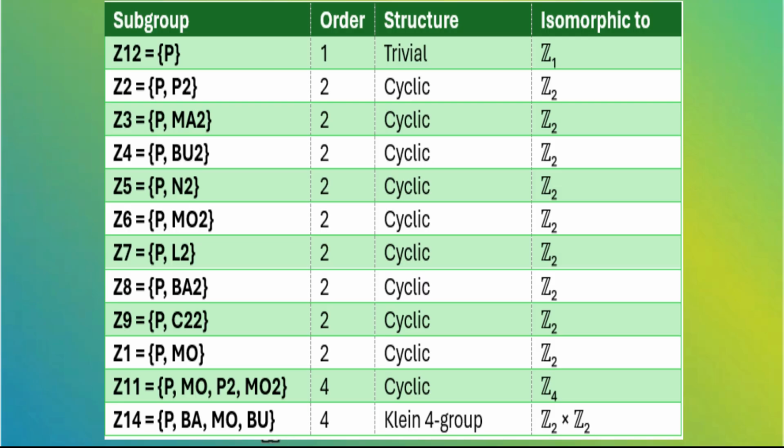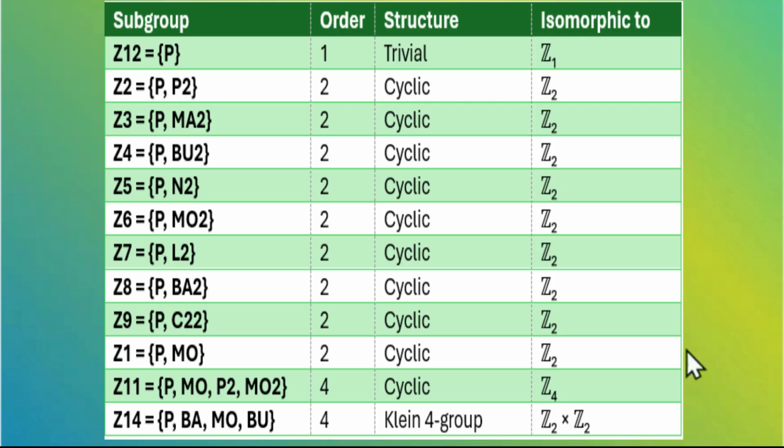For our Z sub 14, we have P, BA, MO, PU. So the structure is the Klein 4 group. It means that each element is its own inverse, with the identity element being itself. Okay, so it's isomorphic to integers modulo 2 multiplied by integers modulo 2.